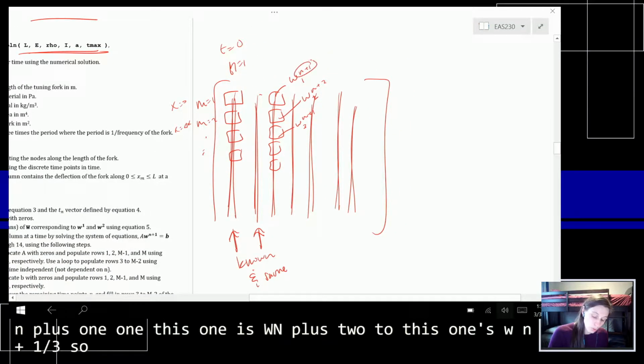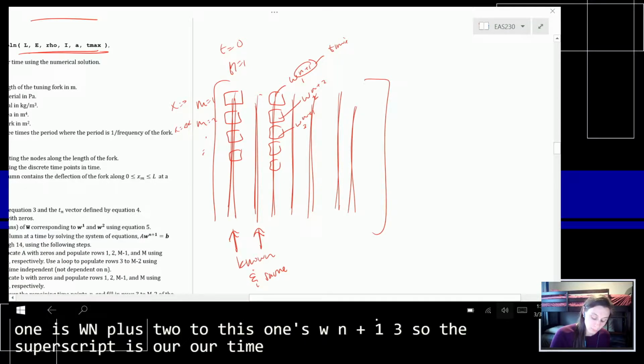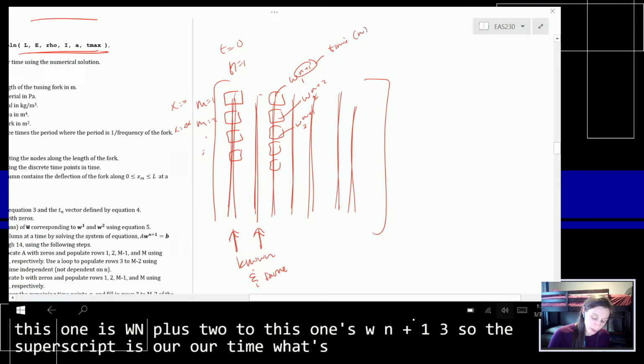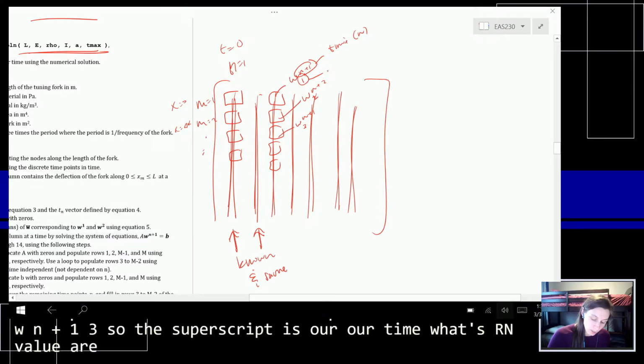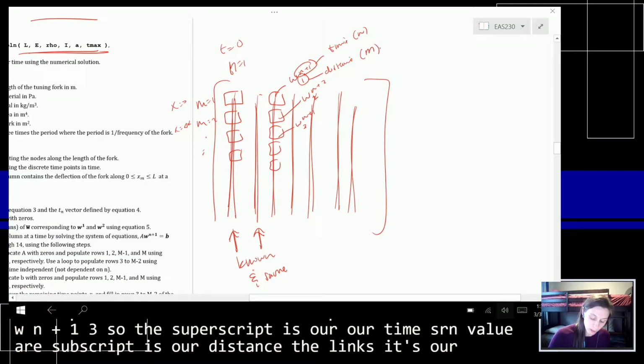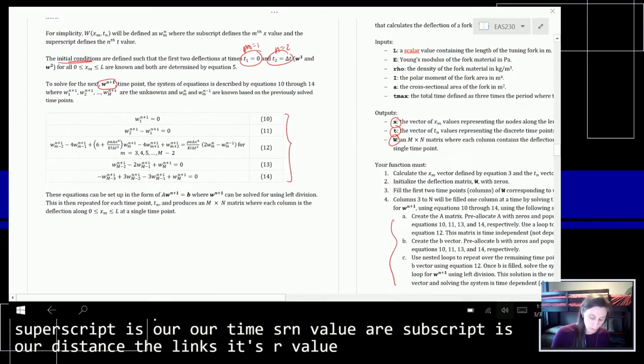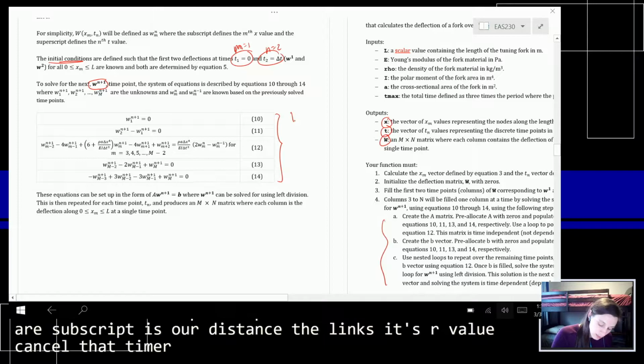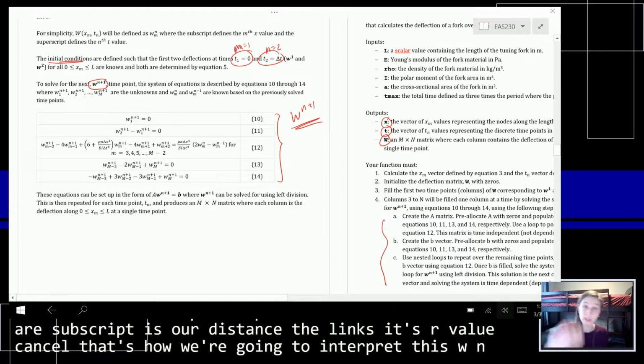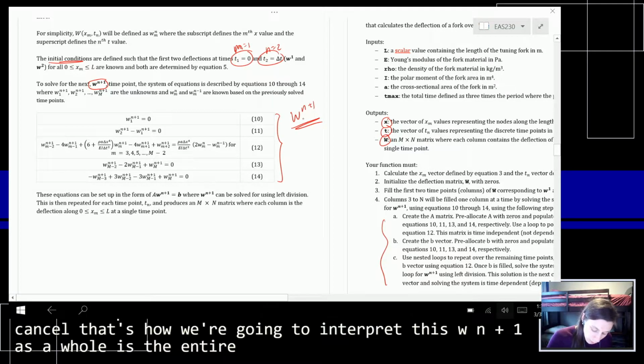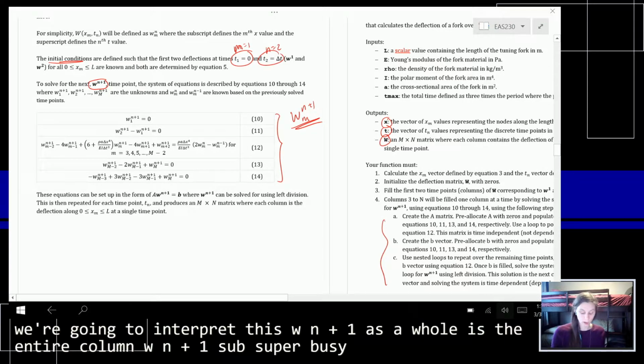So the superscript is our time, it's our n value. Our subscript is our distance, our length, it's our m value. So that's how we're going to interpret this. w^(n+1) as a whole is the entire column. w^(n+1) sub m is each individual value in that column.